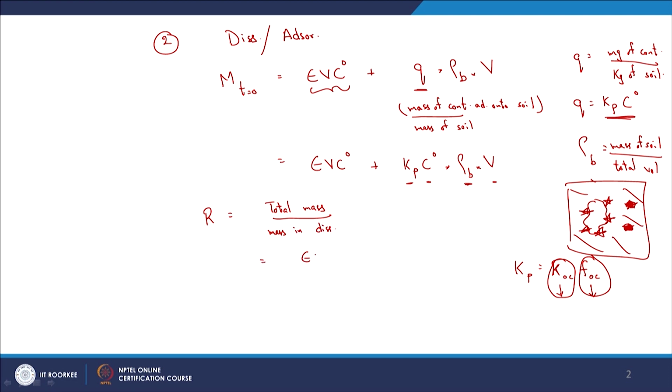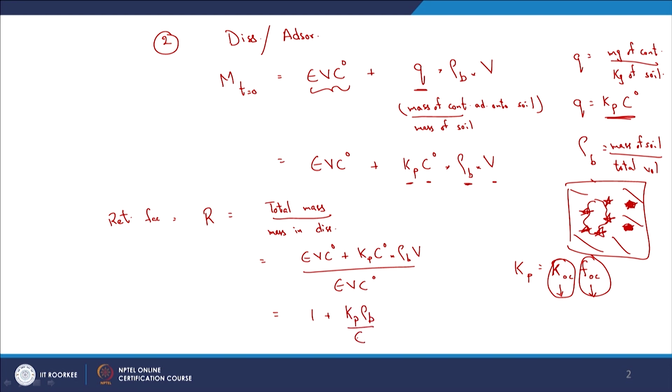So, that is going to be equal to epsilon V c naught plus Kp c naught rho B V, by epsilon V c naught. So, we end up with the retardation factor, R, being equal to 1 plus Kp rho B by porosity, right.